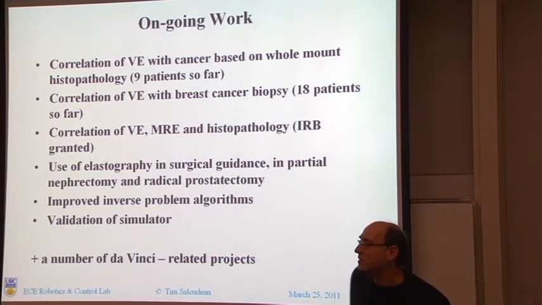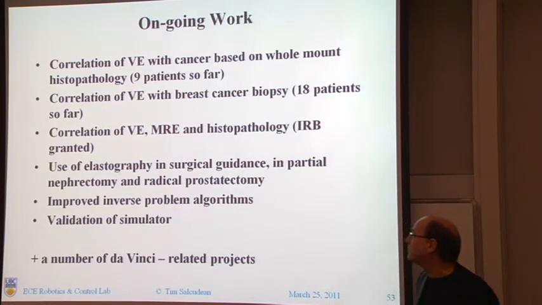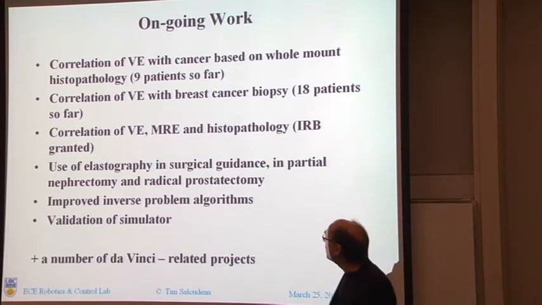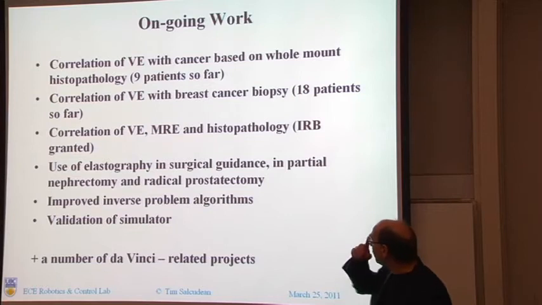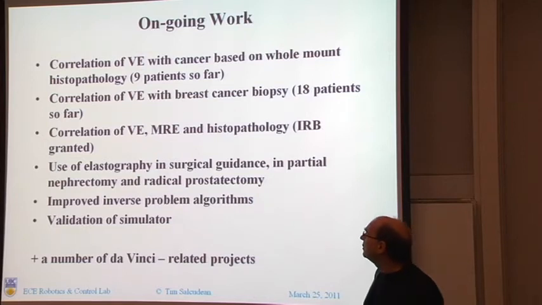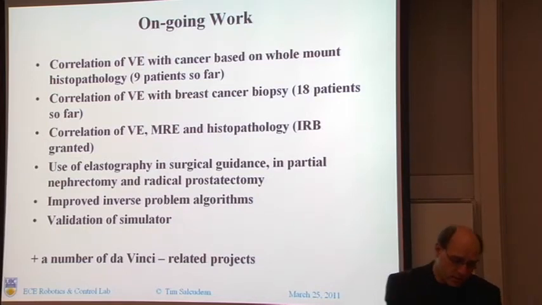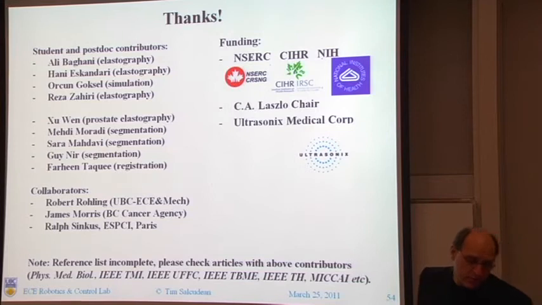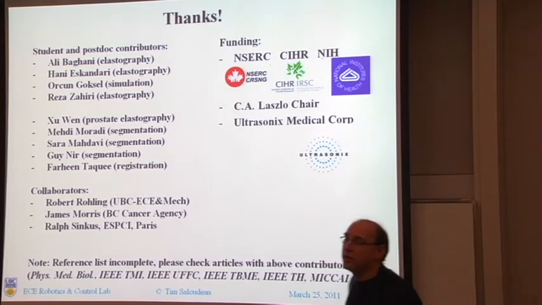So it's very promising in terms of reducing the number of biopsies for women that are tested for breast cancer. And we hope to use this for surgical guidance in a couple of surgery types and do a number of other projects. So this is the elastography related work.